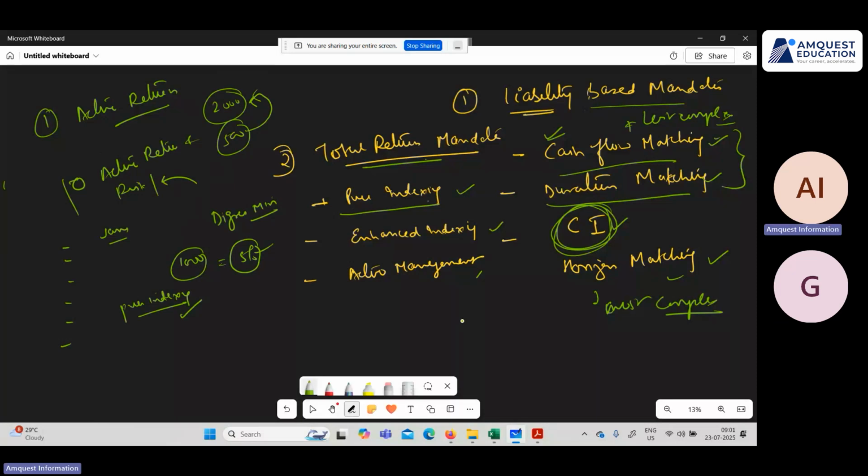Are you getting it? Practically, it is not possible to replicate every single bond. Some of the bonds that went into the index when they were on the run have now become illiquid. Replicating means that you are buying that bond from the market and it is not available. So pure indexing plays a major role where you are trying to replicate the performance of the benchmark with a lesser number of securities that are liquid.